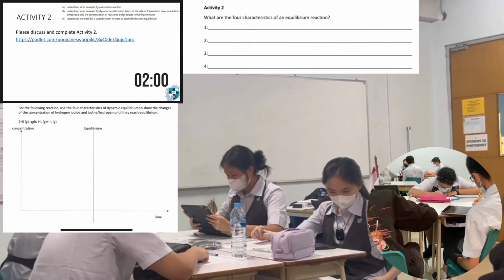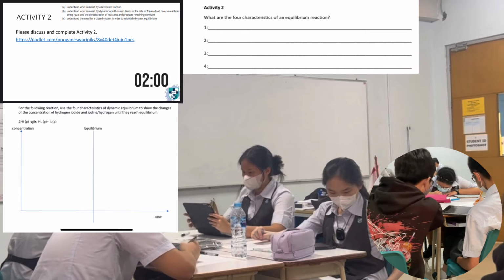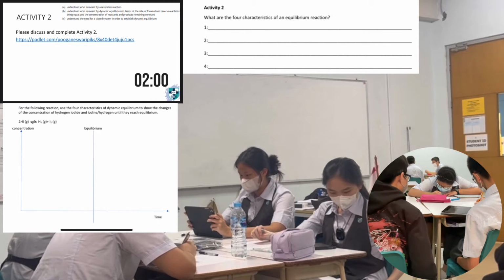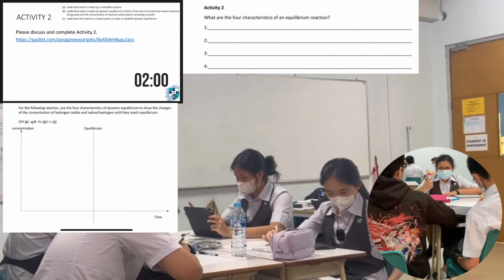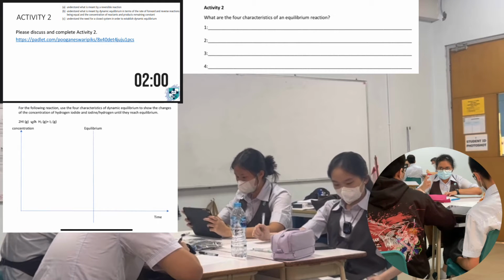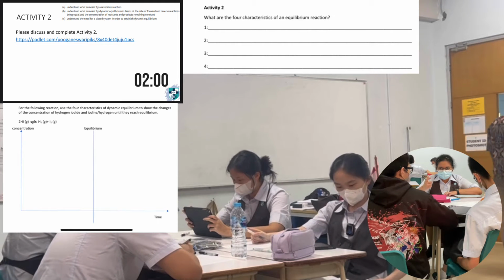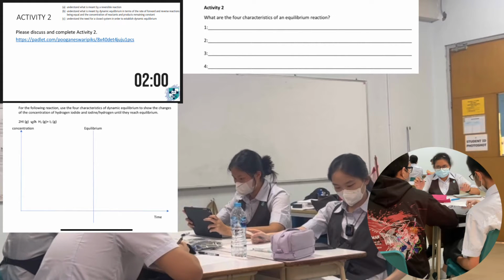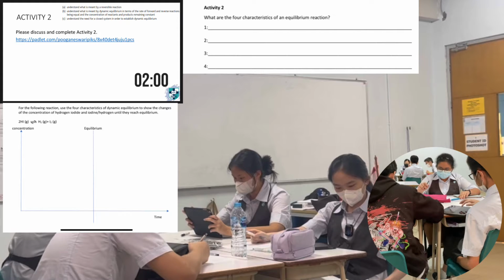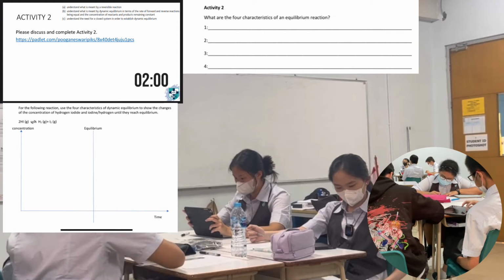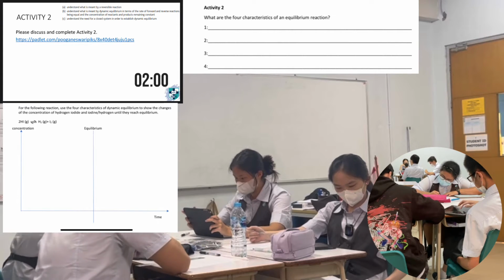This is also included in activity 2, the graph. Dynamic, forward, same, requires closed system, no problem. Now you figure out the graph.